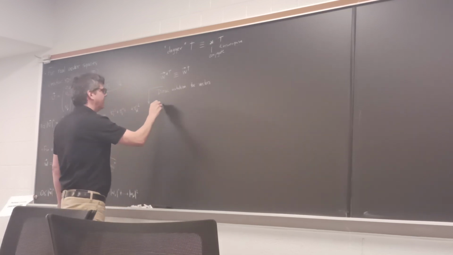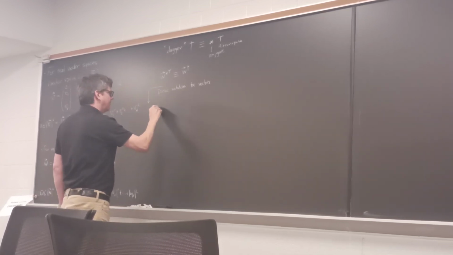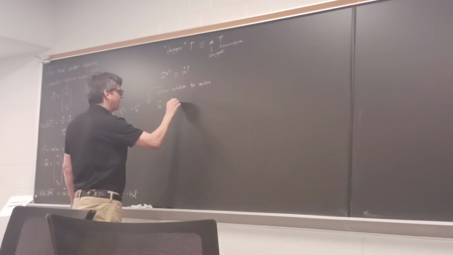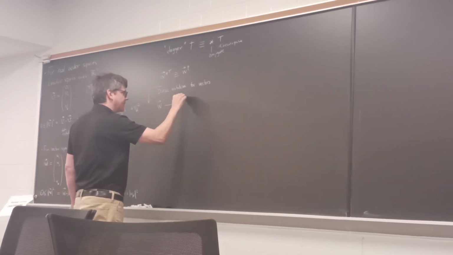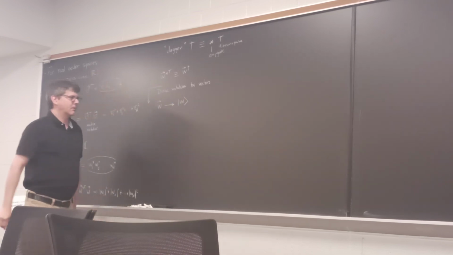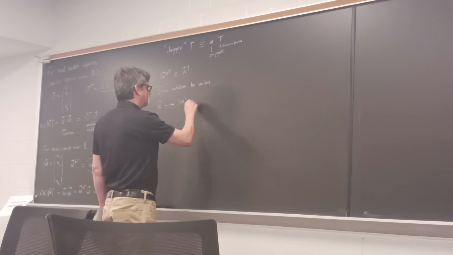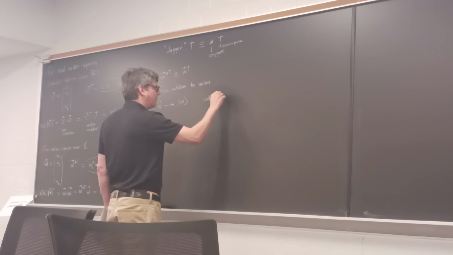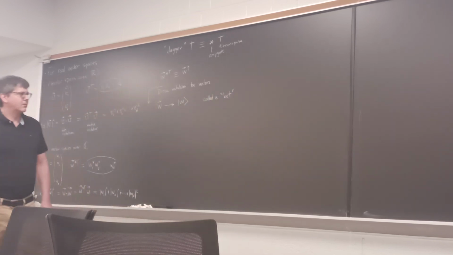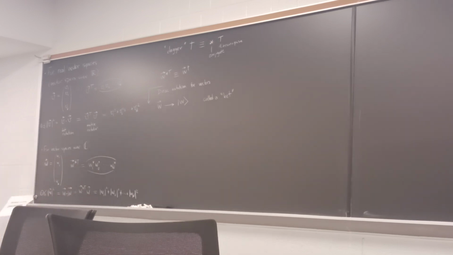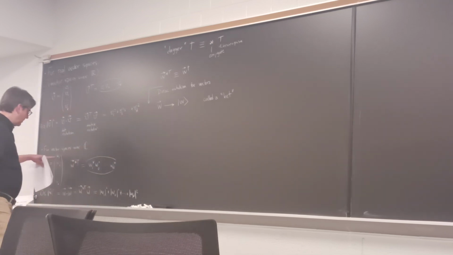If I write a vector W, this thing is written like this, and this is called a ket. And so this would be like a column vector.